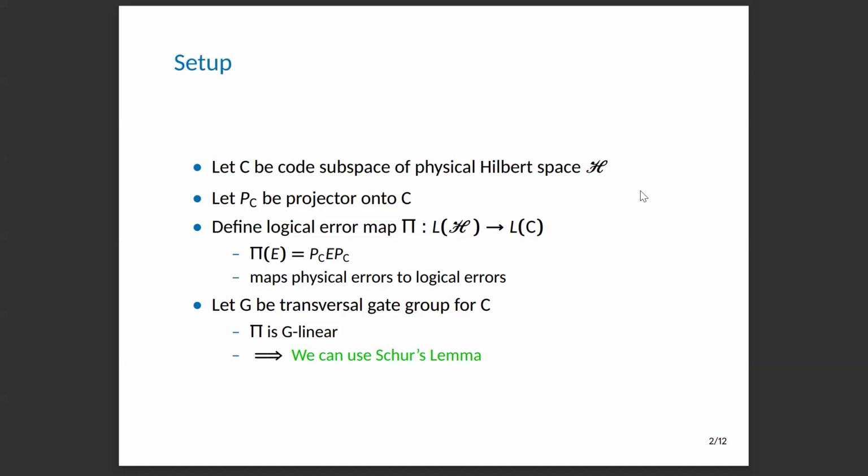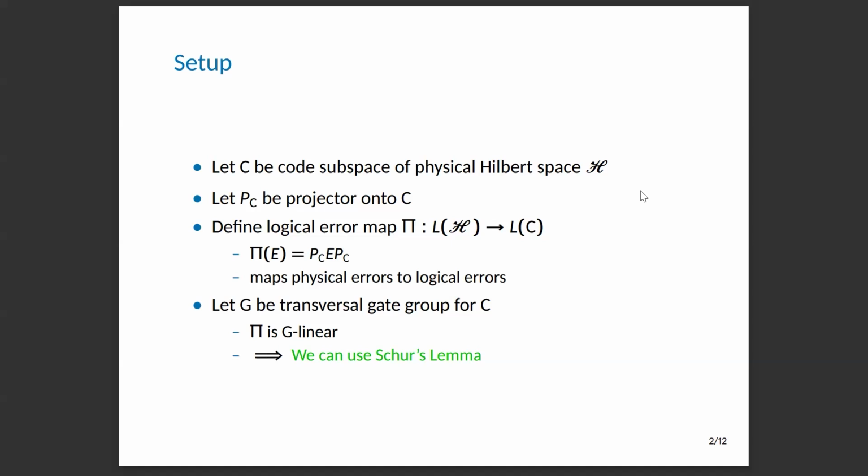But the idea is it takes the error on the full logical space that could be like, x tensor 7, maybe, like x on every qubit or whatever. Or it could be x on the first qubit, z on the third qubit, any kind of error you have on the full Hilbert space, and then it sandwiches it between the projectors. So it gives you a sense of what is that physical error doing on your logical space.